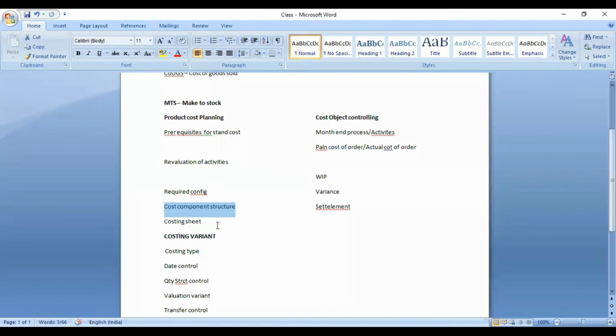Then the system will notify and understand, yes, these are the components we need to consider and calculate. This is the objective of the cost component structure. Structurally, I can show you in the system tomorrow. There is a separate format and a systematic structure there. Based on that only, the system will recognize these components. This is the purpose of the cost component structure.